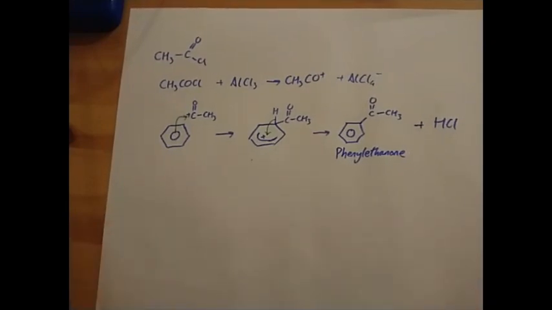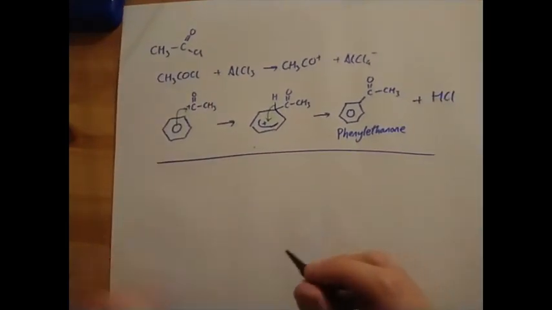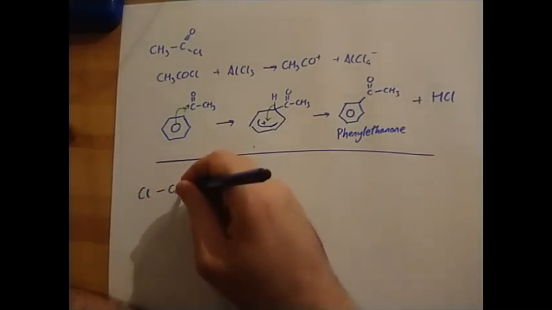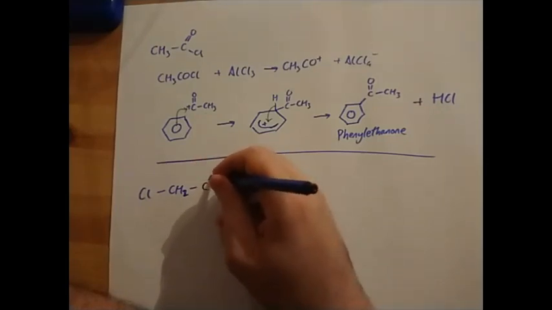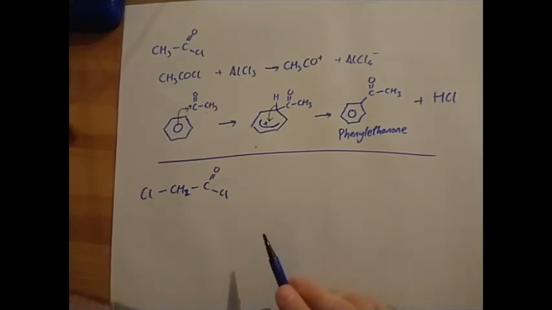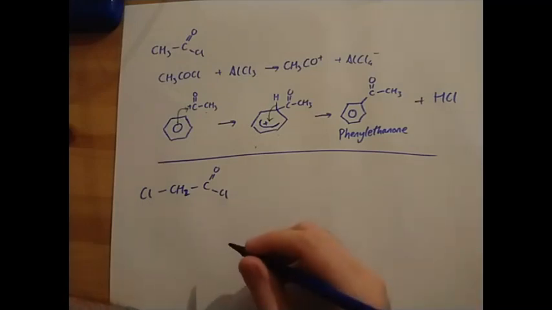Now, what happens if they give you a really horrible or more complicated acyl chloride than this? So what about something like this one here, which would be chloroethanoyl chloride, probably. So now we've got 2 chlorines involved. What's going to happen?